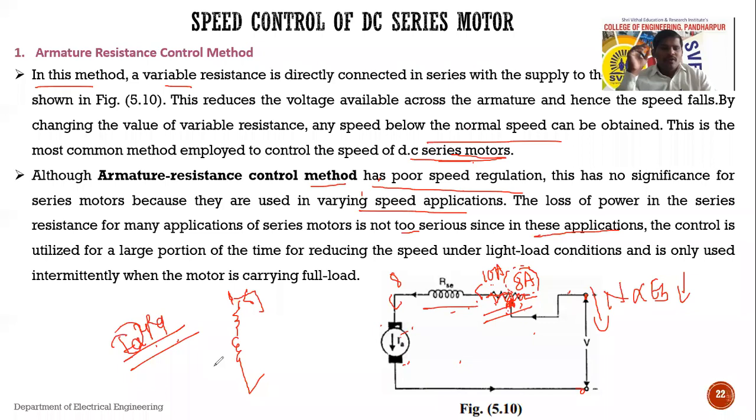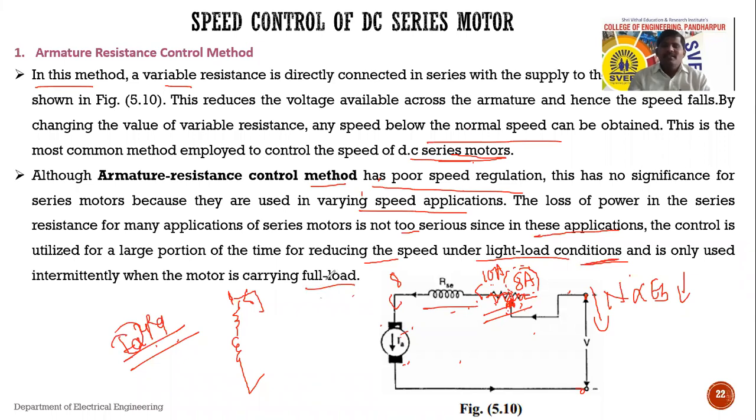So it has poor regulation as well as poor efficiency, and the control is utilized for a large portion of the time for reducing the speed under light load condition, and is only used intermittently when the motor is carrying full load.